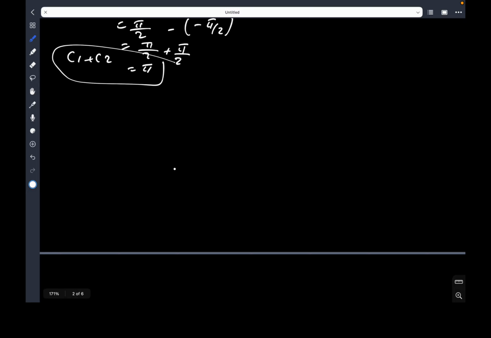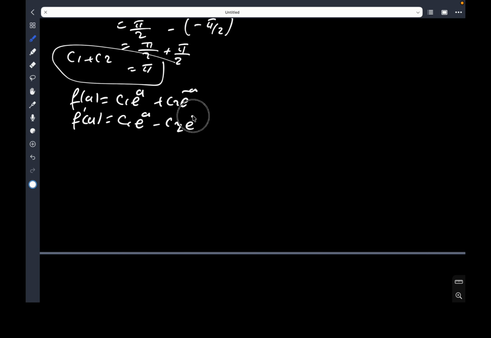Now, in order to determine these constants, I'm going to take f of a, which is c1 e to the a plus c2 e to the negative a, and take the derivative of it again. It's going to be c1 e to the a minus c2 e to the negative a.